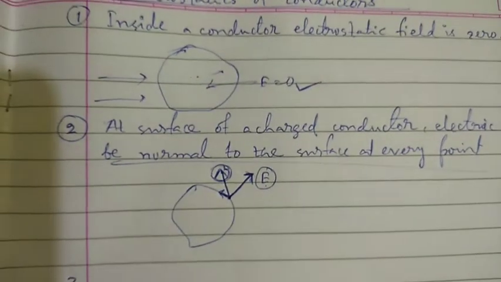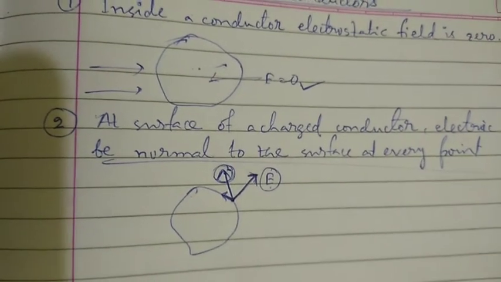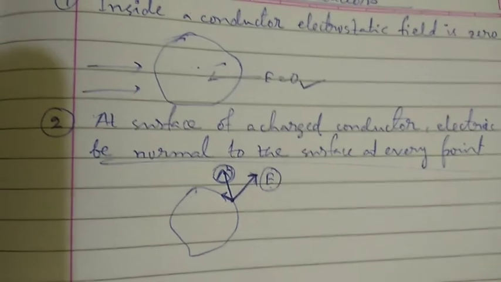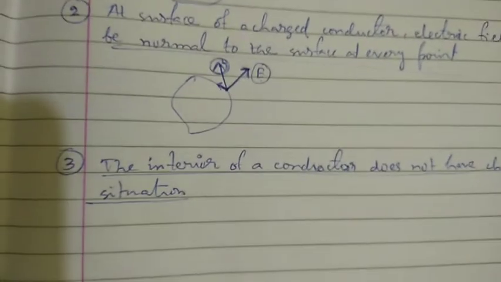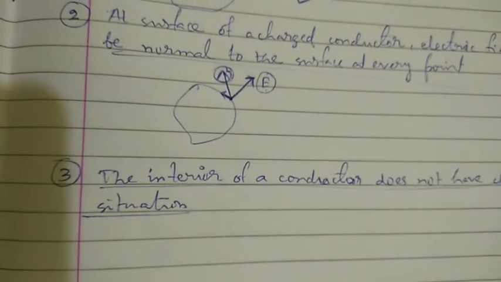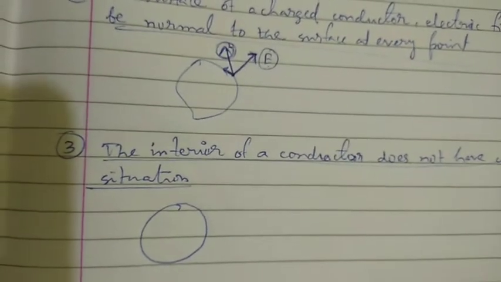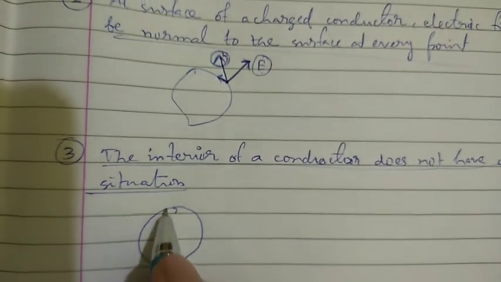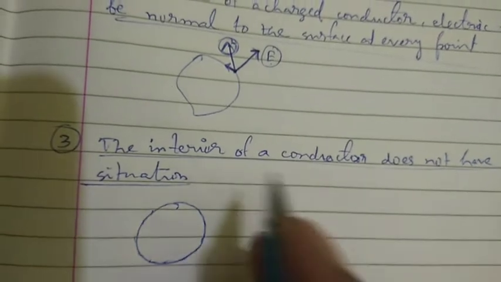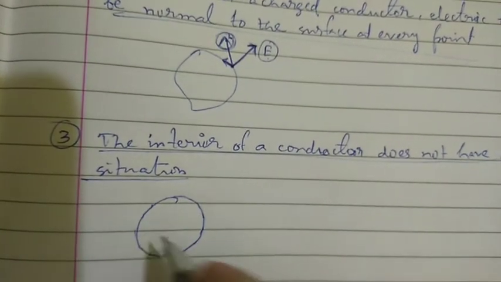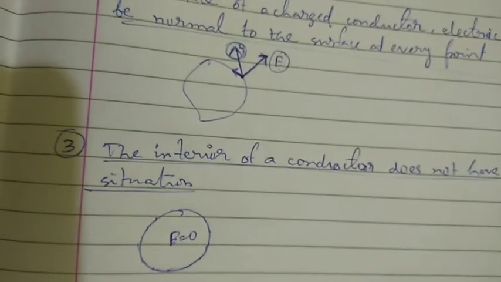Now the next important thing is that the interior of a conductor does not have any excess charge in a static situation. You know that generally any material is electrically neutral. Now suppose you take a conductor and give it some charge. According to this, the charge will only reside on the surface, because we already know that whether it is charged or uncharged or there is an external electric field, the electric field inside the conductor should be zero.